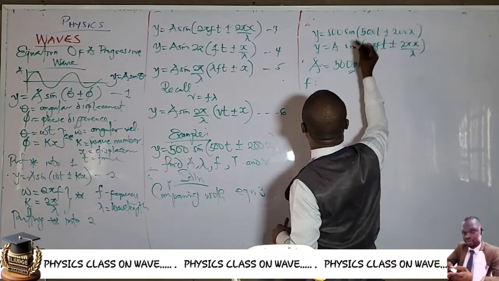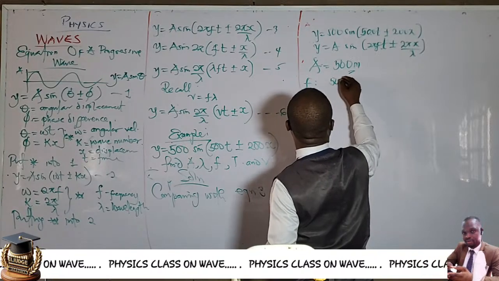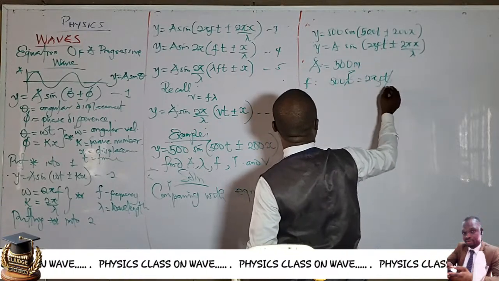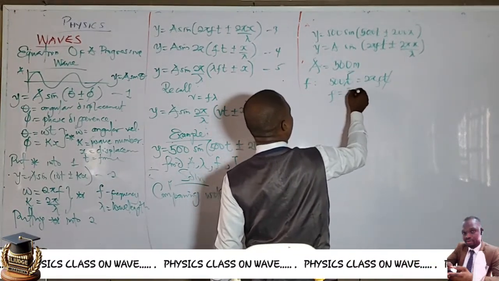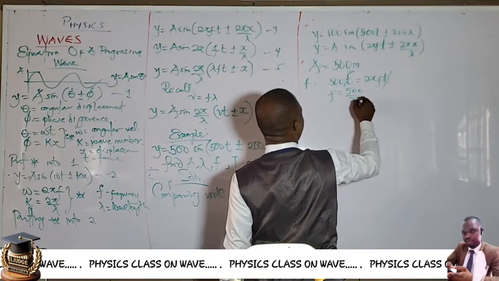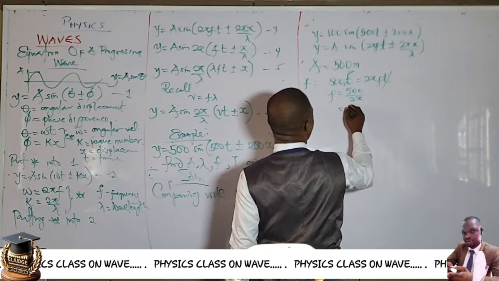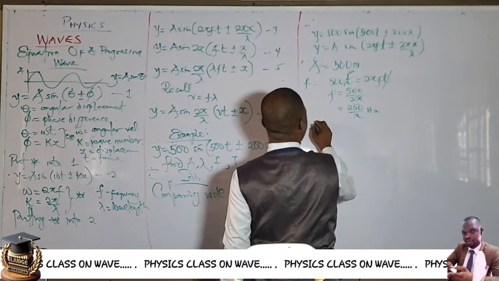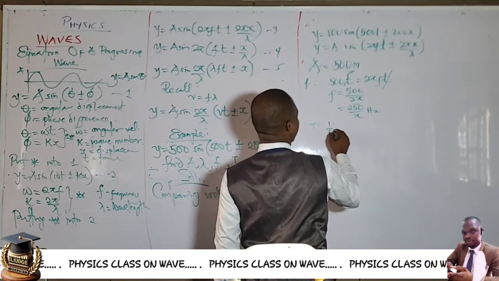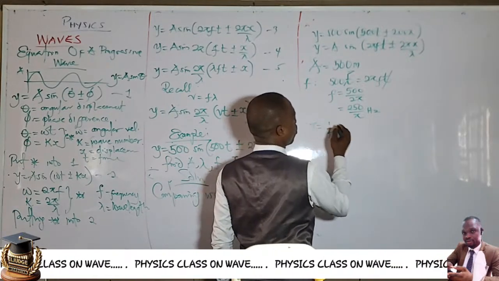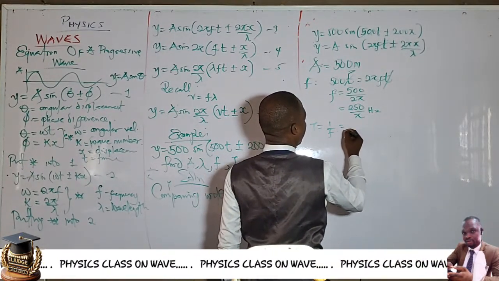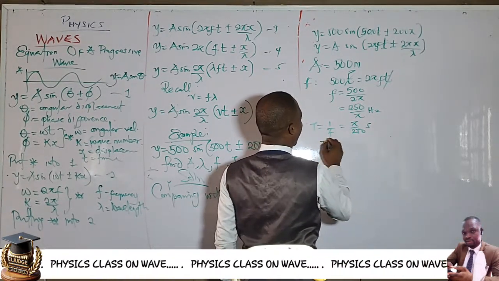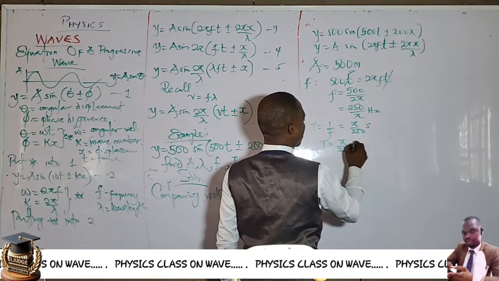So we compare with 500: 500 t equals 2 pi f t. t cancels t, so f equals 500 over 2 pi, and that equals 250 over pi. Then our period can be gotten from T equals 1 over f. In that case, T equals pi over 250 seconds.